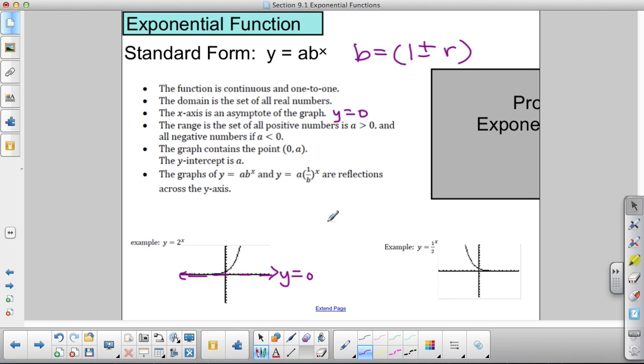The range is the set of all positive numbers if a is greater than 0, and all negative numbers if a is less than 0. So basically it covers everything in the range except for 0 because there is an asymptote there. The graph contains the point (0, a). And if you notice, a is in our original function. And this a is the initial value.